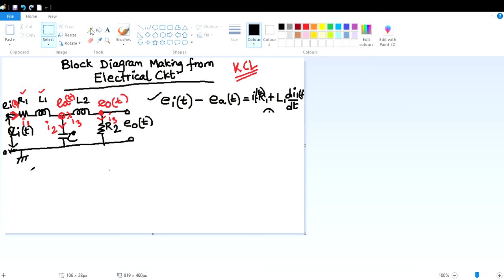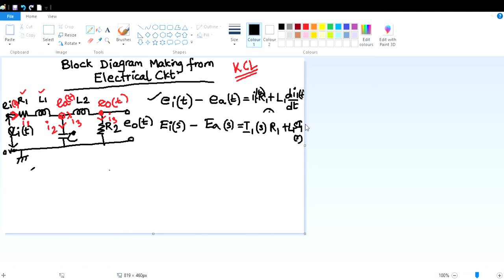It will be EI(s) minus EA(s) equal to I1(s) R1 plus, as derivative means s, L1 into s into I1(s). So this is the Laplace transform of this equation.